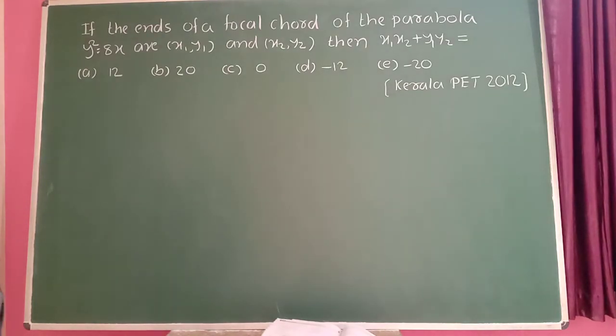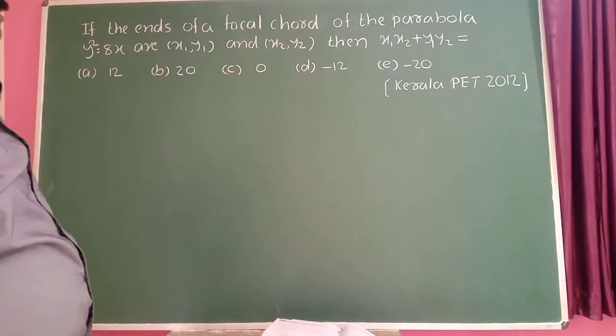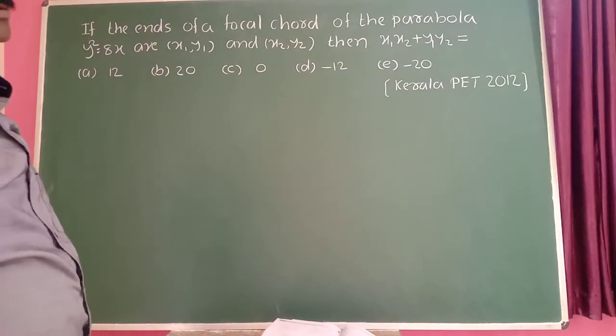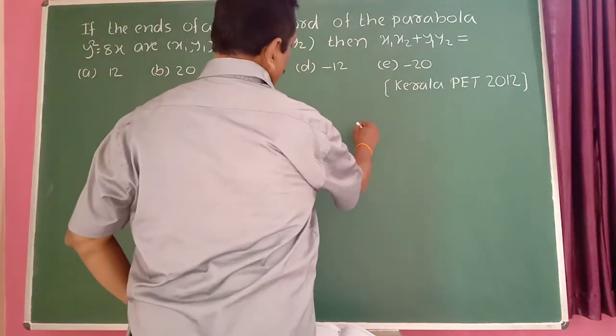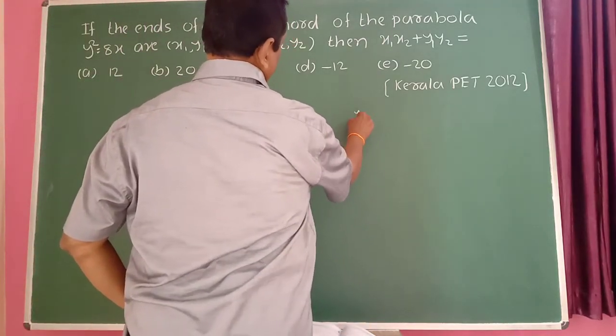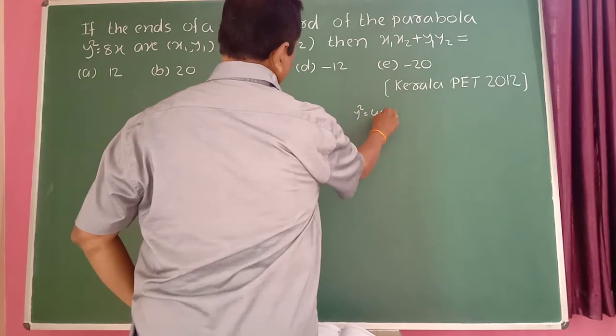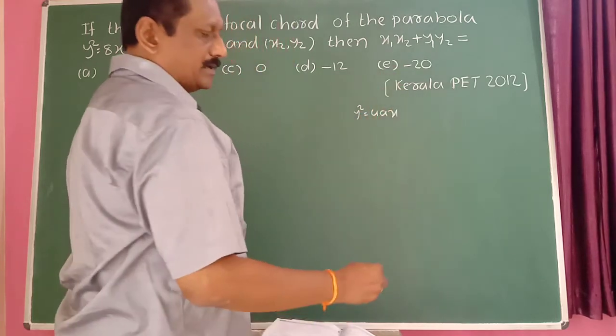Okay, here, if the ends of a focal chord of the parabola y squared equals 8x are (x1, y1) and (x2, y2), then what is x1 x2 plus y1 y2? Here you know that y squared equals 4ax is the equation of the parabola.